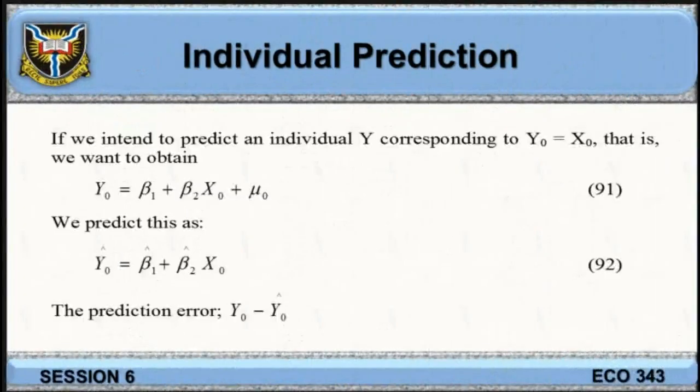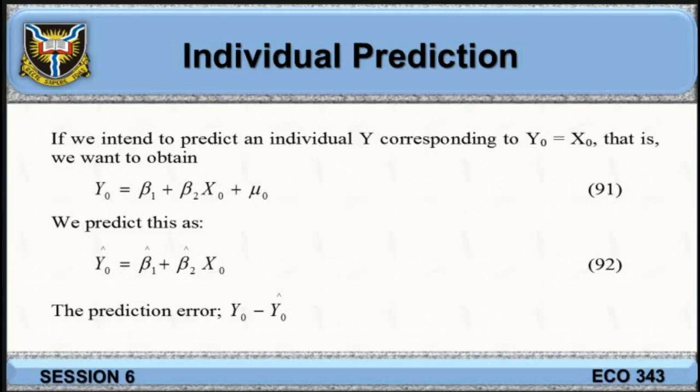Individual prediction. If we intend to predict an individual Y corresponding to X naught, that is, we want to obtain Y naught is equal to beta 1 plus beta 2 X naught plus mu naught, equation 91. We predict this as Y naught estimator is equal to beta 1 estimator plus beta 2 estimator X naught, equation 92.